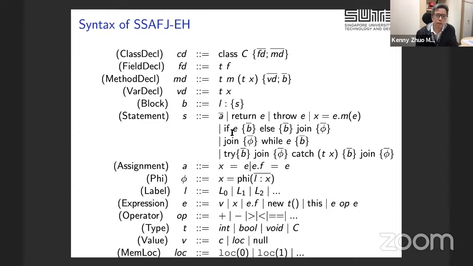Okay, so for example, for if else, we have to put a merge or join, a phi statement, at the end, because the variable assigned to in the then branch and the else branch might be different, but we need to merge them at the end. Similarly for while loops, because the join has to happen before the check for whether or not the condition should proceed. And the interesting thing here is that for the try catch block, we have two assignments. One is right before the catch.